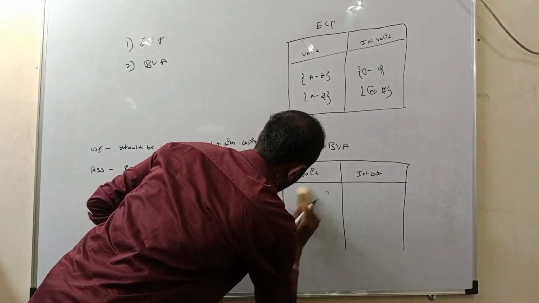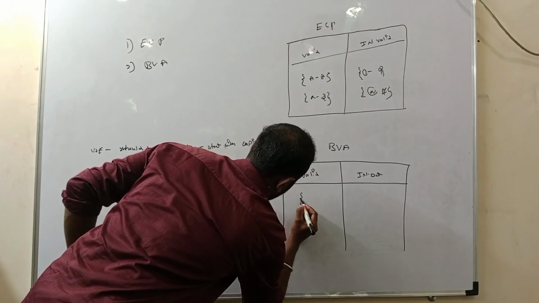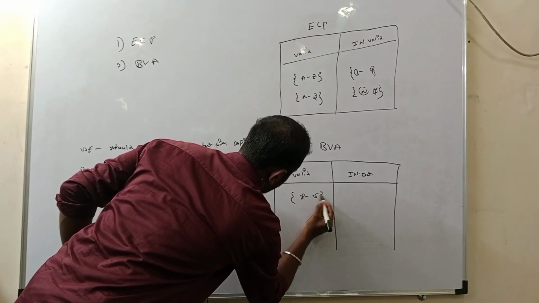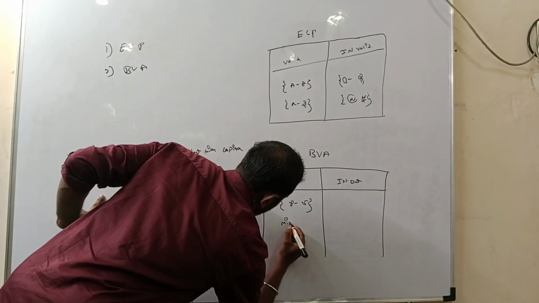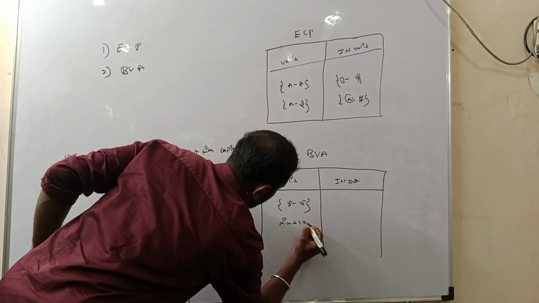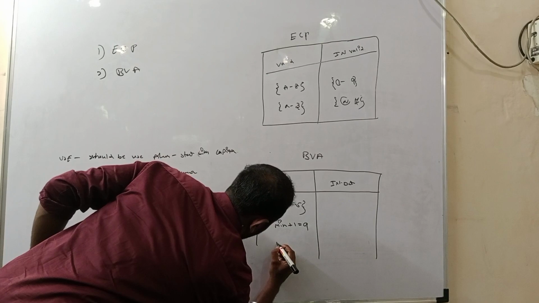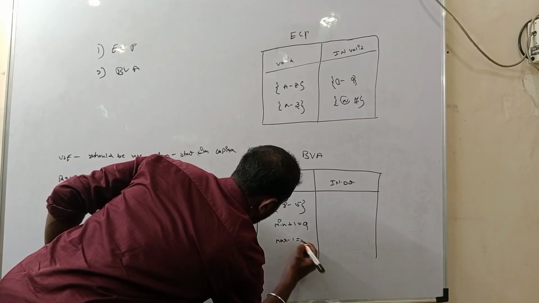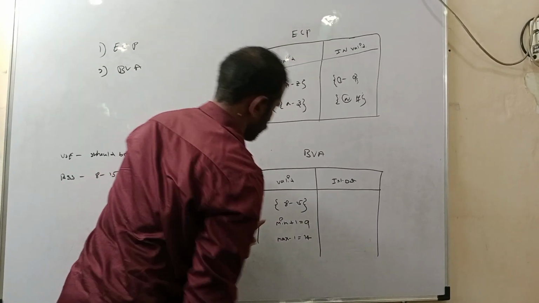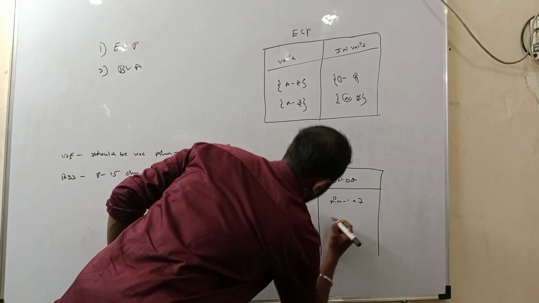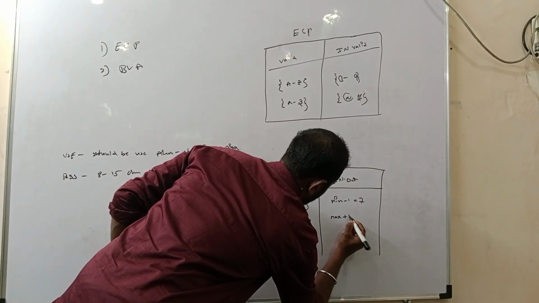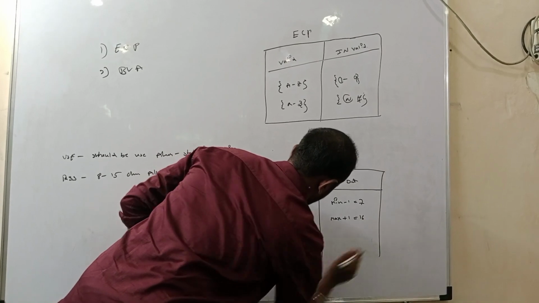We have a range of 8 to 15 characters, sir. So we do minimum plus 1, which is 9, and maximum minus 1, which equals 14. And also minimum minus 1, which equals 7, and maximum plus 1, which equals 16.